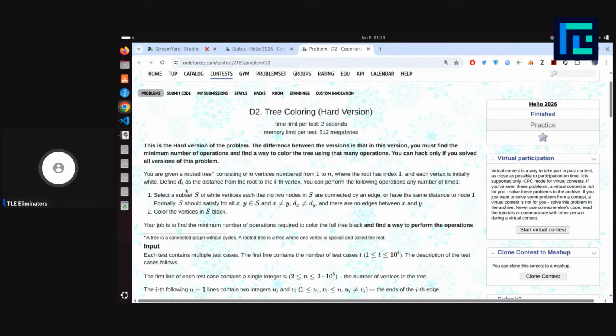Choose a subset S of white vertices such that no two nodes in S are connected by an edge or have the same distance to node 1. Formally, dx should not be equal to dy and there are no edges between x and y. And color the vertices in S black. Your job is to find the minimum number of operations required to color the full tree black and find a way to do the operations.